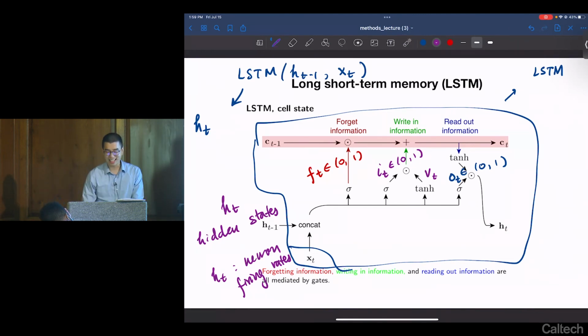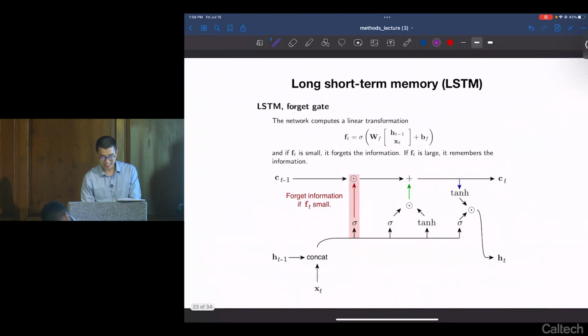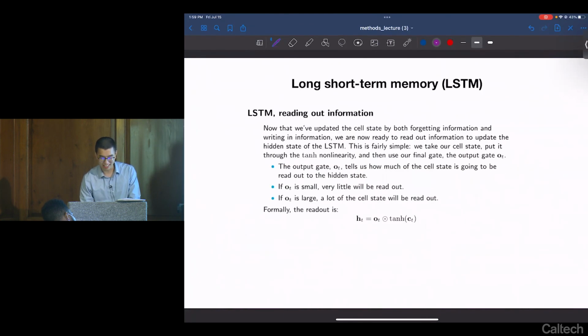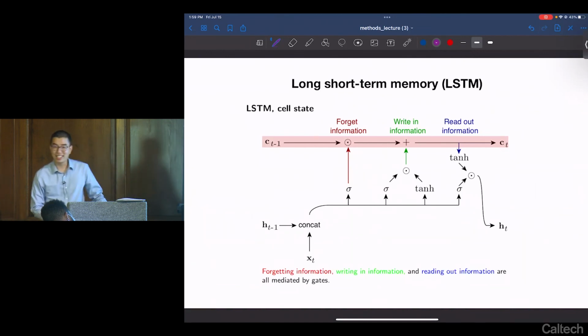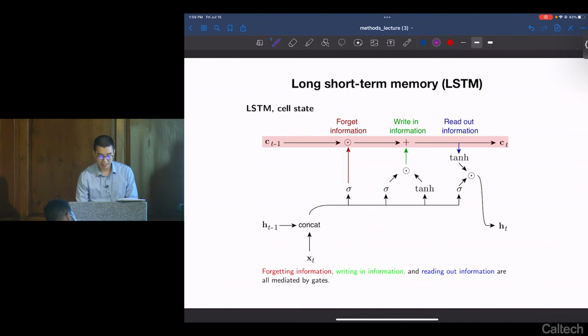So let me skip these slides because I gave the high-level overview of the LSTM, and tell you now why the LSTM really strongly fixes the exploding and vanishing gradients problem from RNNs. When we backpropagate through this memory, we are going to have dL/dc_t. The first thing that we backpropagate through is a plus sign.